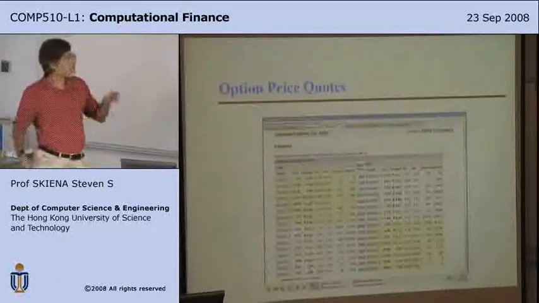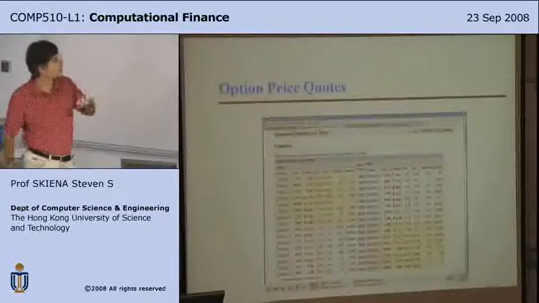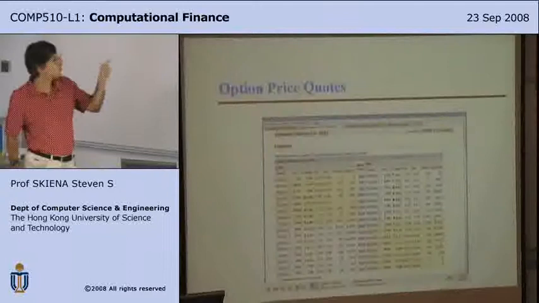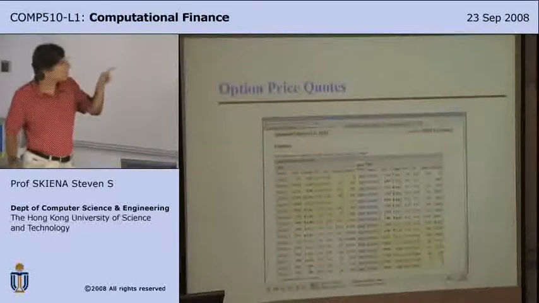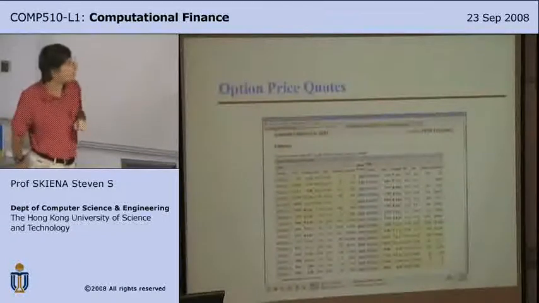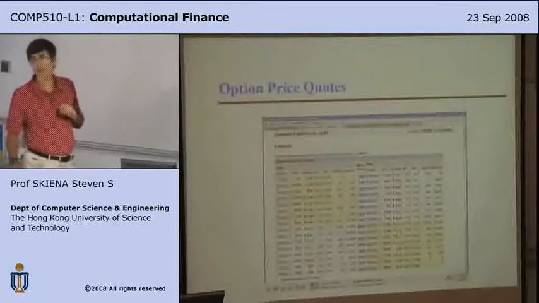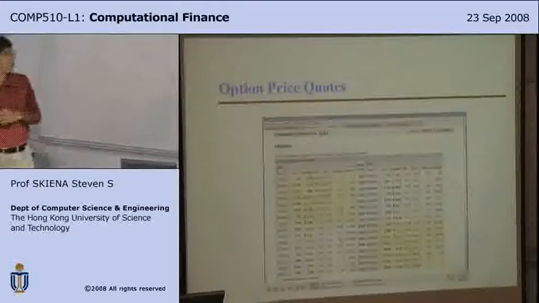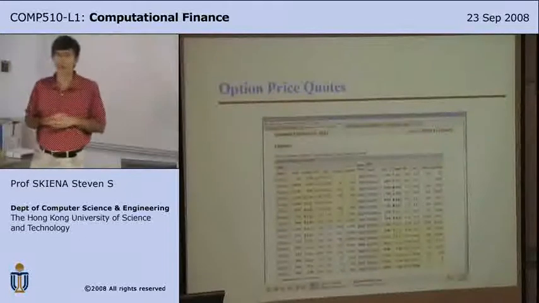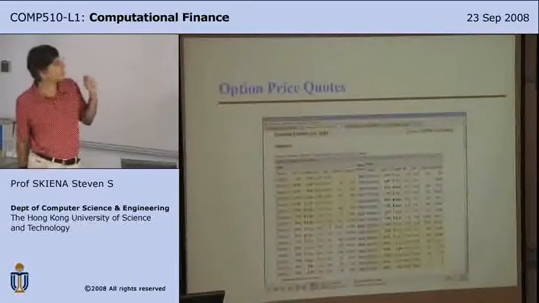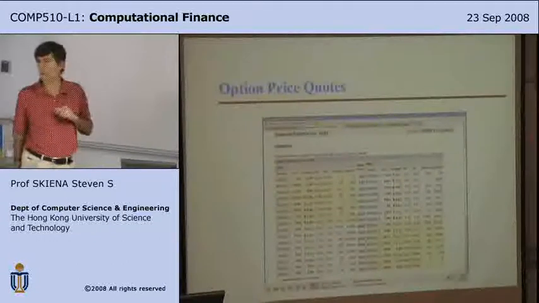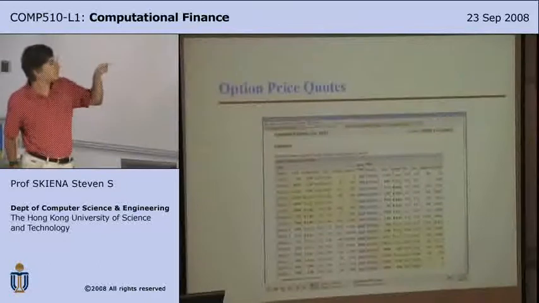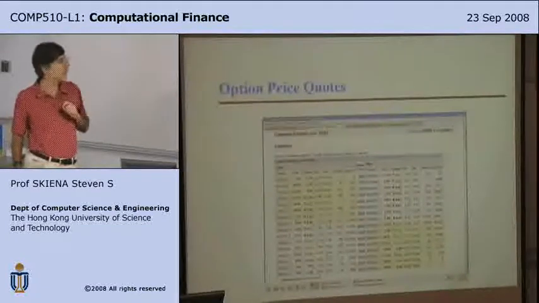In this case, there are standardized expiration dates of September, October, December, January of 2009, May 2009, January 2010. This is the page of quotes for what General Electric's options are going to be selling for. What are the prices of options to buy General Electric, with an expiration date of January 2010.